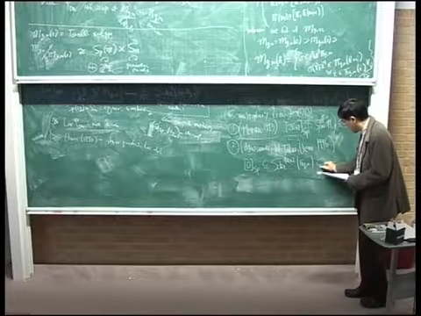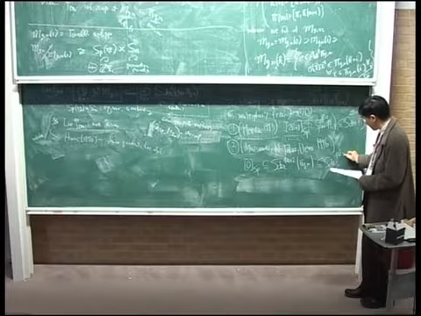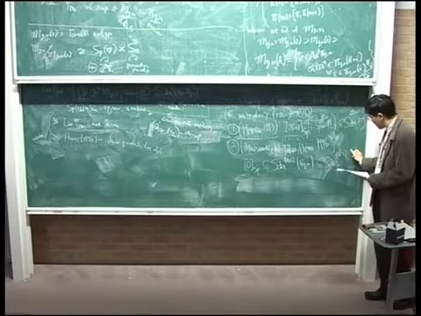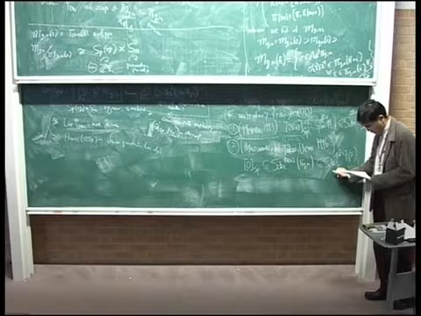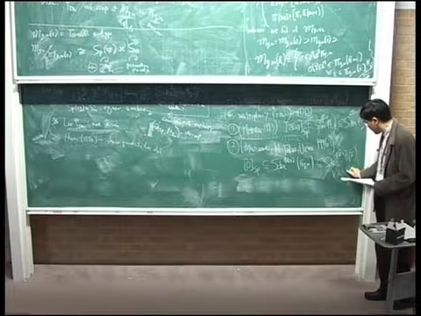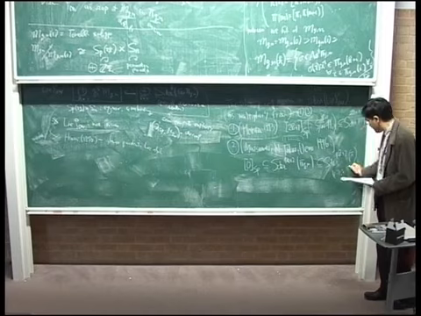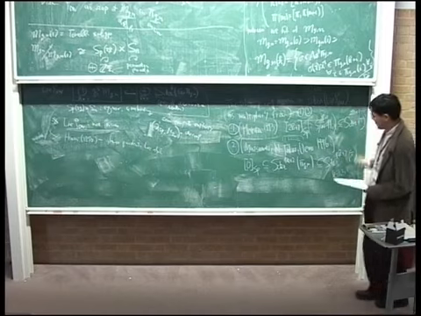It appears in special derivations of degree 4k plus 2, for k equal 1, 2, 3. So 6, 10, 14, and so on.